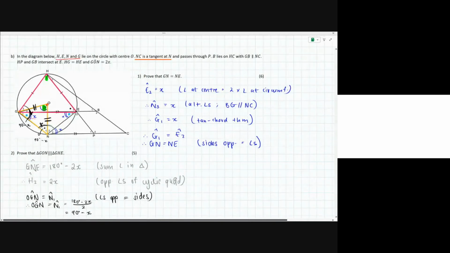Now remember, once again, we already know that H2 is equal to 2x. So I can do exactly the same thing in my pink triangle. I was told that HG is equal to HE, so that means the angles opposite them are equal. I'm just going to go on the side here so that we can still see everything. So HGE, so angle G2 and G3, is equal to angle E1, angles of equal sides.